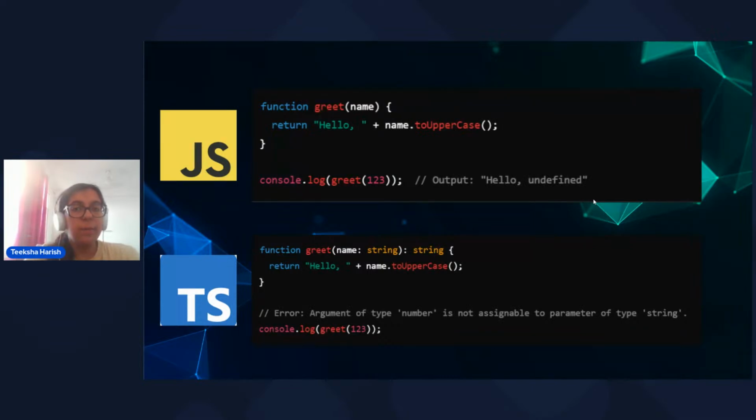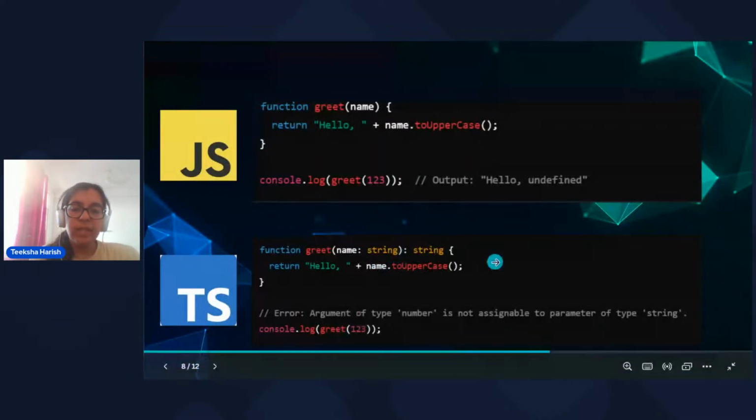This is just a small example. In a large code base, it would be much more difficult to identify what is the main cause of the error that is happening. Whereas, if we write the same code in TypeScript, now we have a function greet where we can specify that the parameter name would only be of type string, as well as the return type of this function is string, like written here. So now let's say in runtime, the user inputs the value of the parameter as 123, which is an integer.